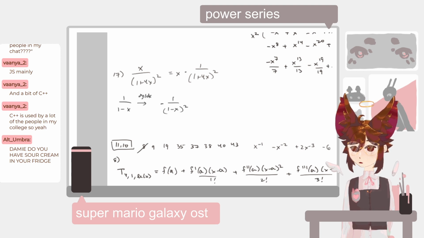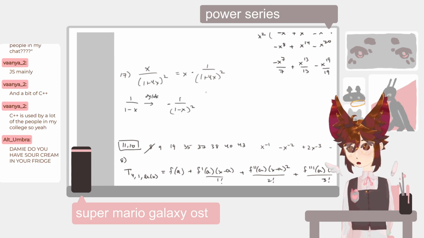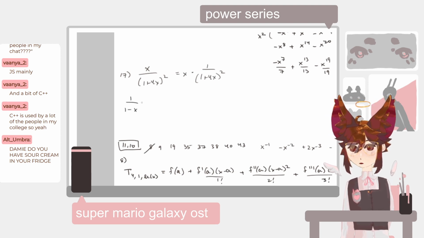So if we take all the terms in this and we integrate them, then we can get something that's similar to a geometric.